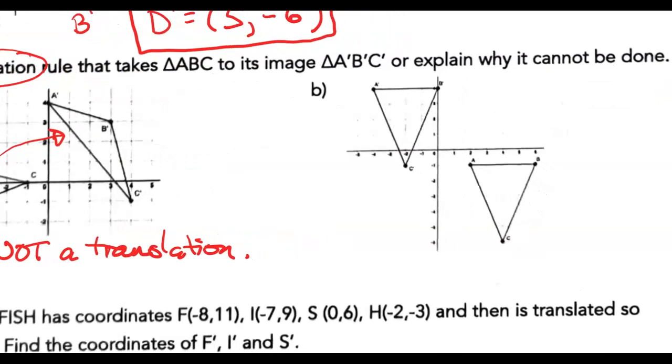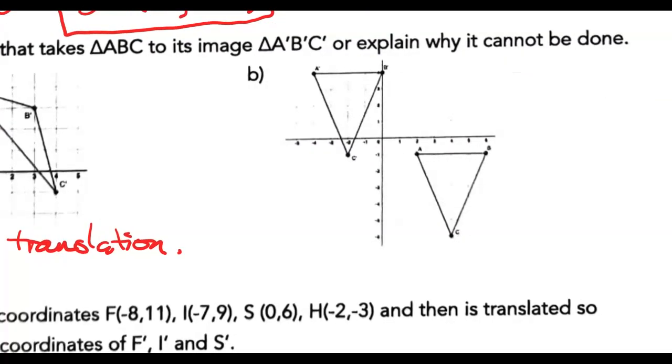Now for part B, this does look like a translation. This is our pre-image, so this is the original, and this is our image, this is our new one, so original and new, and we can see we've moved everything over. So we're going to write this in words.